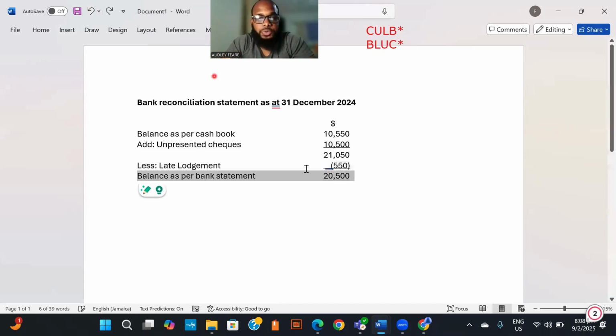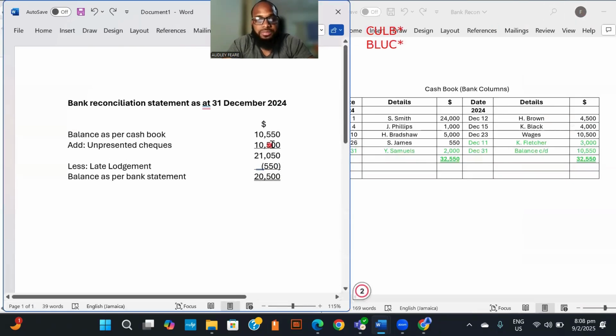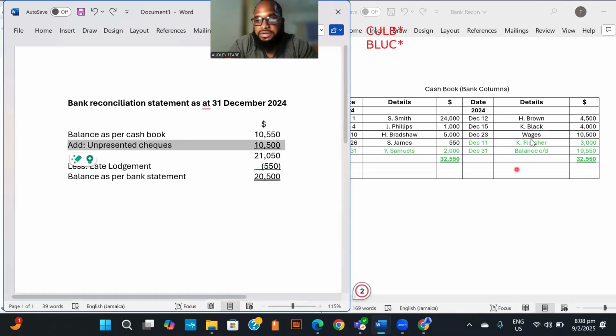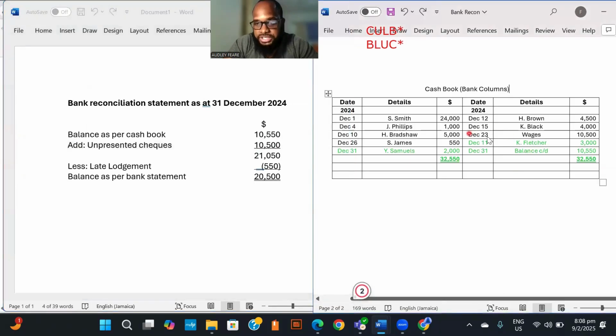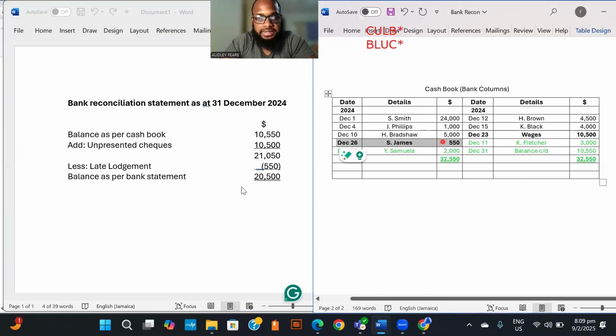We will come back to the balance as per bank statement figure. So if we look at this, remember, unpresented check, 10,500, will always be on this side. And of course, the late lodgement will always be on this side, the debit side or the receipt side. And there we have it.